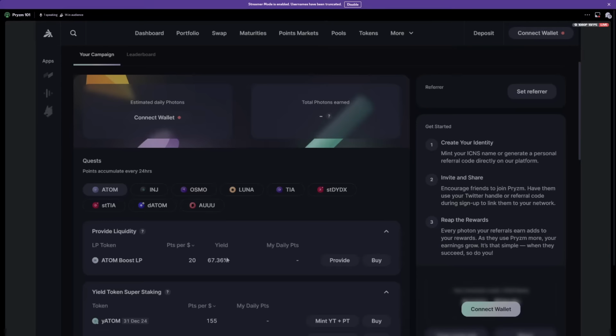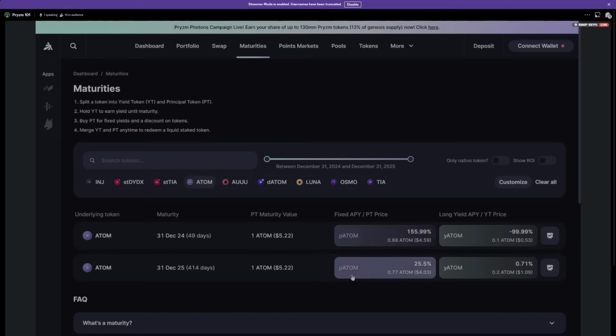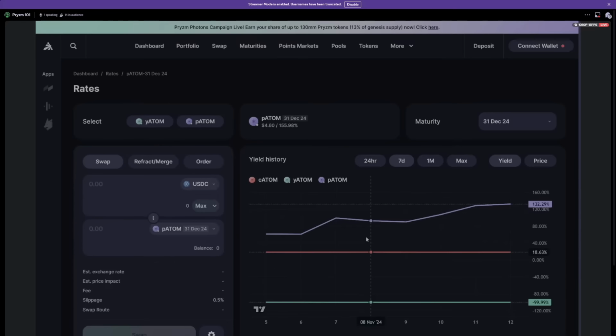So one of the things people were asking was, what affects the actual value of the liquidity pool token? So if we go here, we've seen that the liquidity pool contains P atom, both of these P atoms, and liquid staked atom.